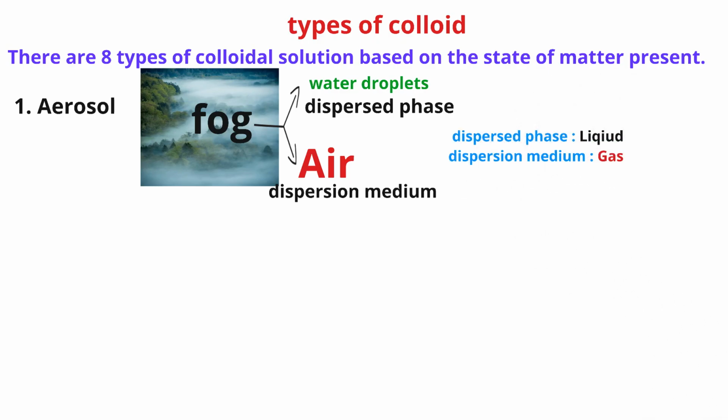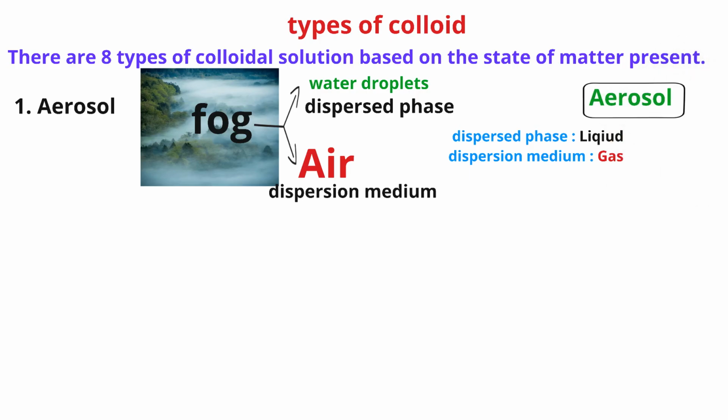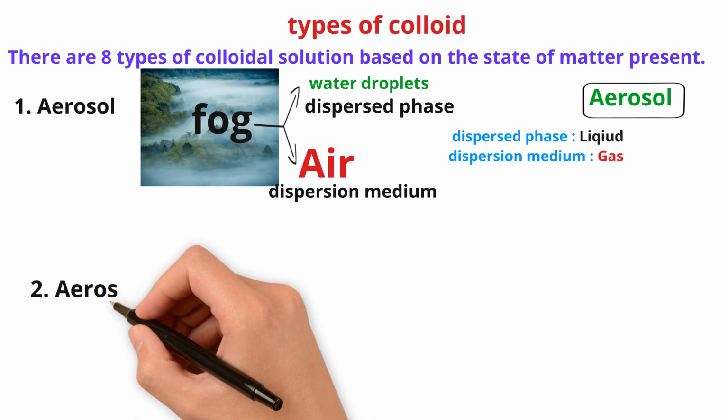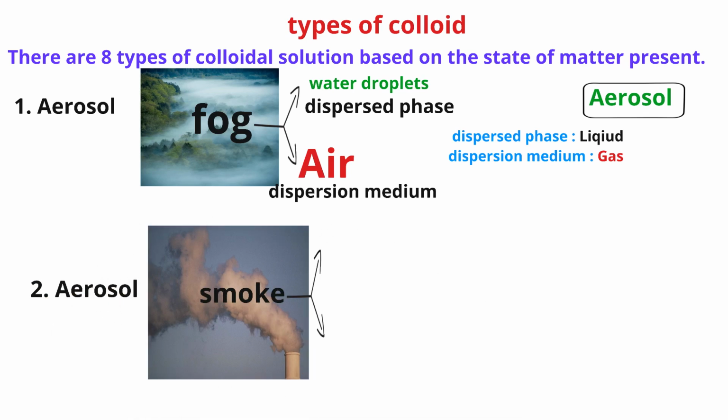The dispersed phase is liquid and the dispersion medium is gas. Therefore, they form aerosol. Aerosol is one type of colloid. Now, the second type of colloid is again aerosol. For example, smoke.